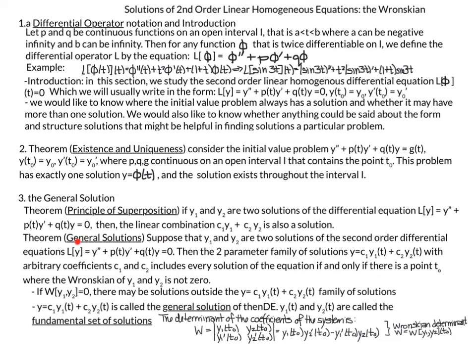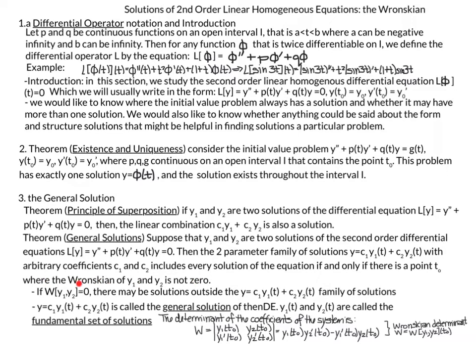It's the same here for second order. So for general solutions, suppose that y1 and y2 are two solutions of the second-order differential equation. Then the two-parameter family of solutions, y equals c1 y1 plus c2 y2, with arbitrary coefficients c1 and c2, includes every solution of the equation if and only if there's a point t naught where the Wronskian of y1 and y2 is not 0.